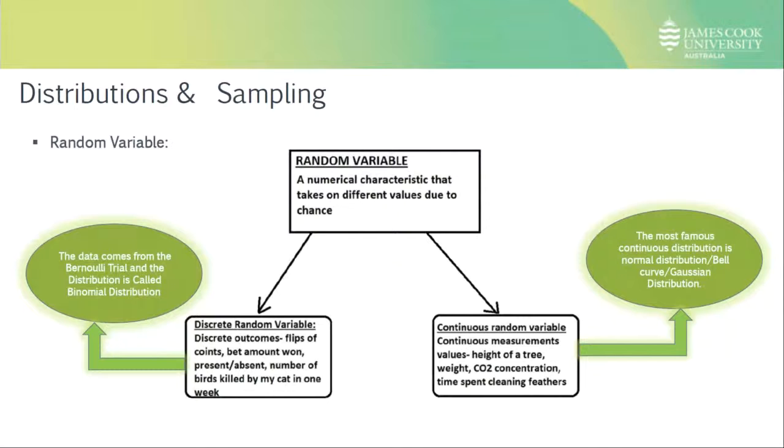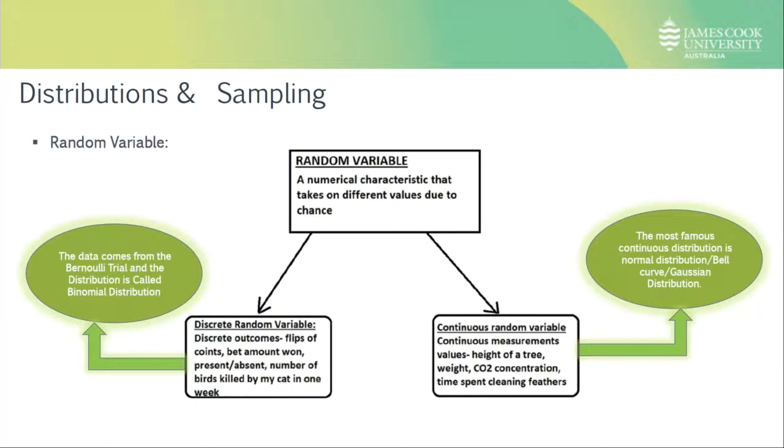I realized that one of the most important issues in sampling data is to know and understand what the variable is and what kind of variable we need in order to define the distribution of the data. So if we have random data, we can categorize it in two ways. One is the discrete random variable, and the other is the continuous random variable.